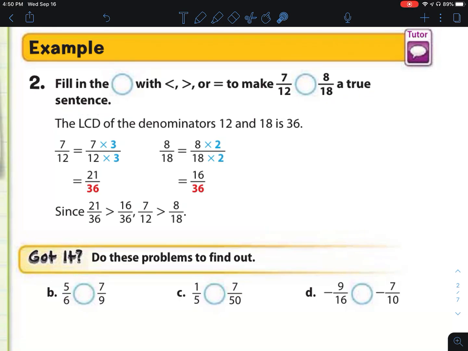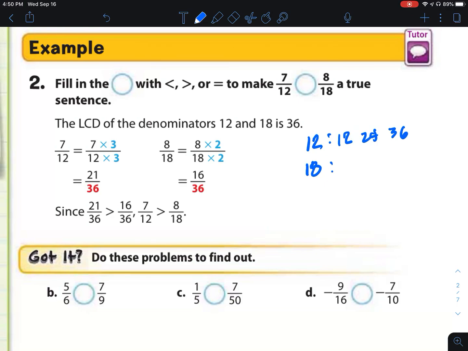So first we find the least common denominator of 12 and 18. If we list 12 and 18 right here, and I look at the multiples of 12, this is 12, 24, 36.